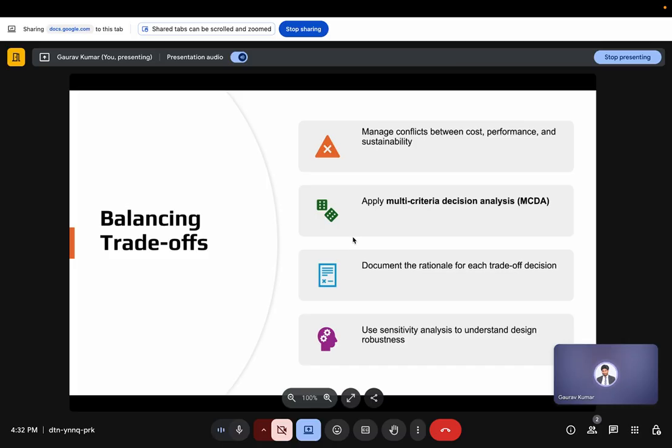Sensitivity and robustness analyses test stability. Documented rationale preserves institutional memory. So we prefer non-compromise solutions when possible, for example TRIZ, but when a trade-off remains, we make it explicit and traceable. So balanced optimization beats one-dimensional maximization.